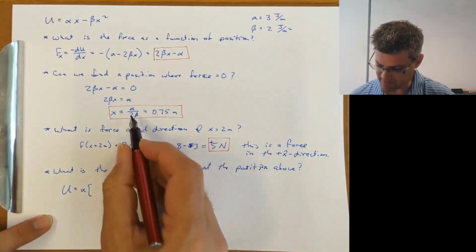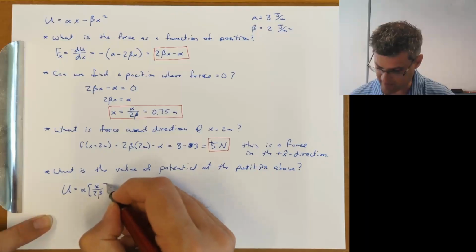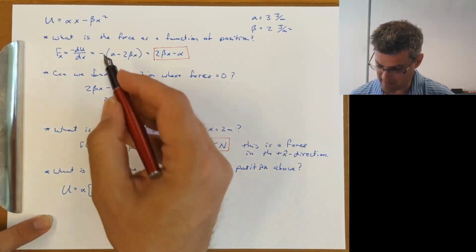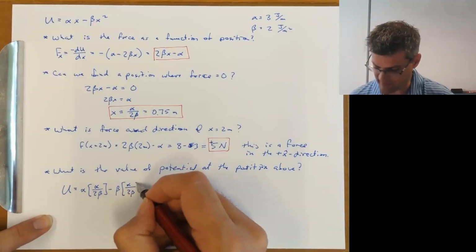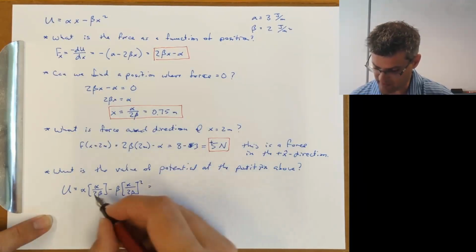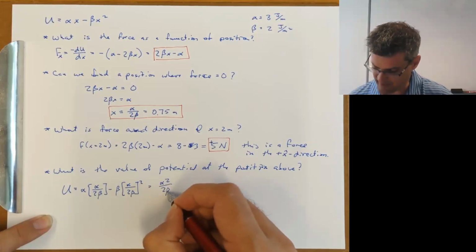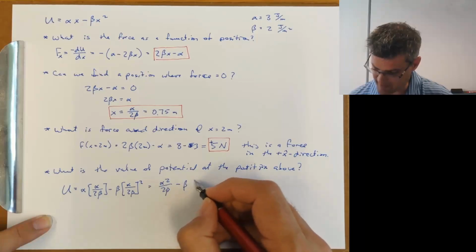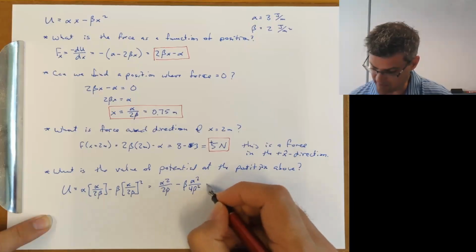Alpha times this value of x is alpha over 2 beta, minus beta, we have to do x squared, so alpha over 2 beta quantity squared, which is alpha squared over 2 beta, minus beta alpha squared over 4 beta squared.